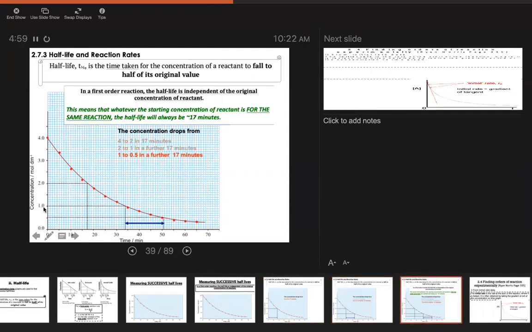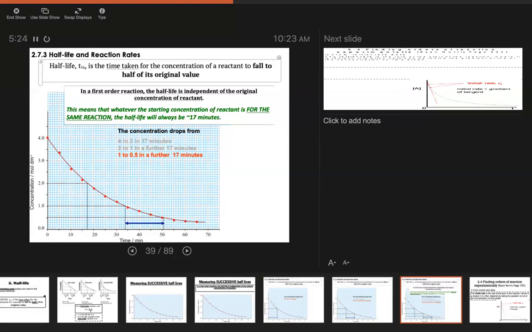Okay, and then further, when you decrease the concentration of your reactant from 1 to 0.5, that is your half-life. Okay, that portion. Again, it's not from 0. And then you saw that the half-life for the 3 successive half-life, this is called successive half-life because it's continuous.